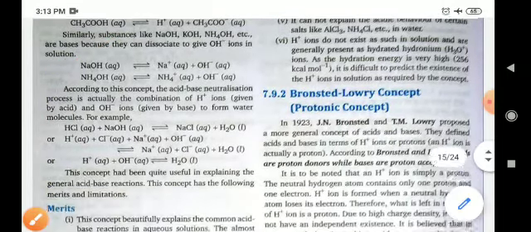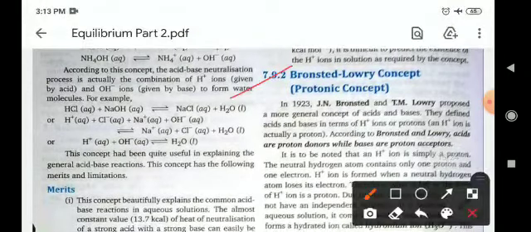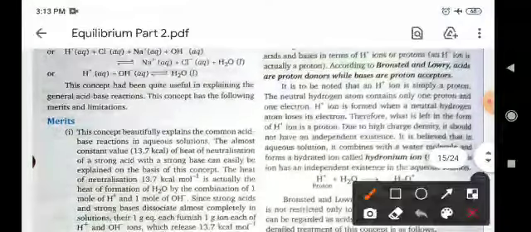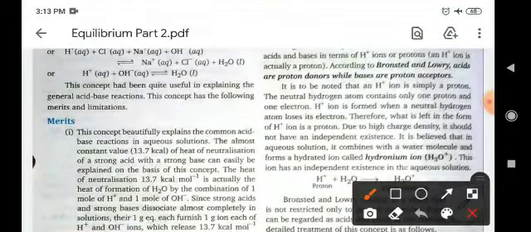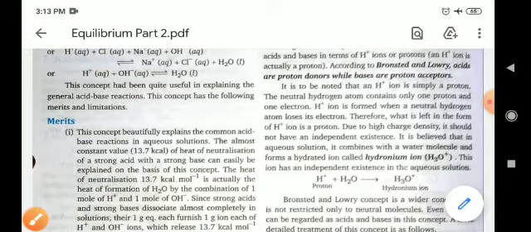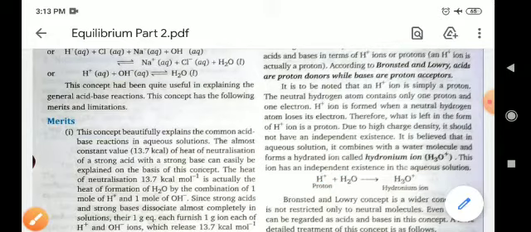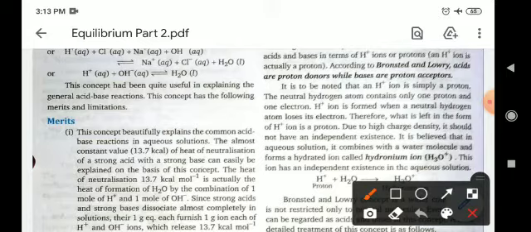Now the second concept is the Bronsted-Lowry concept, the protonic concept. According to this concept, a compound which can donate a proton is known as an acid. For example, a proton and H2O accept, then H3O plus is formed. The compound which can donate a proton is known as an acid, and the compound which can accept a proton is known as a base.